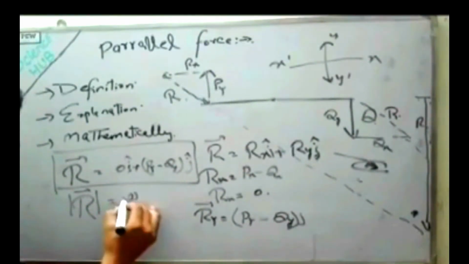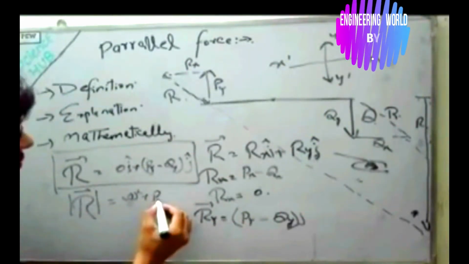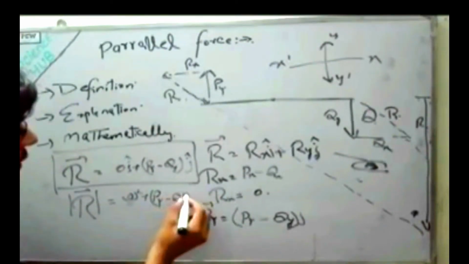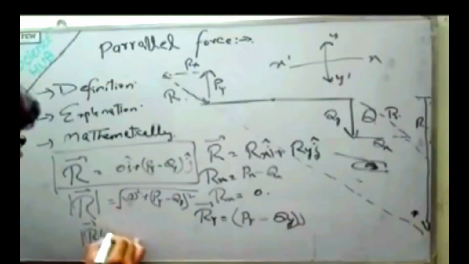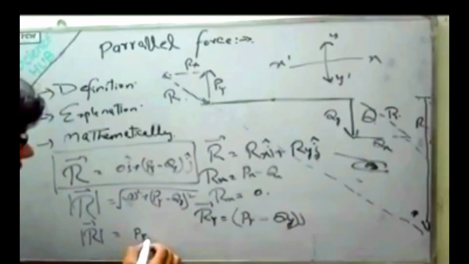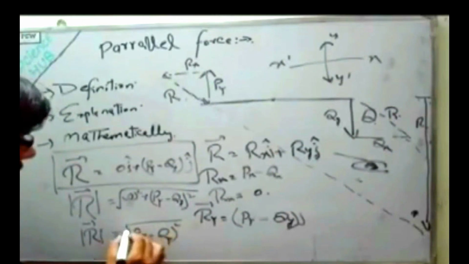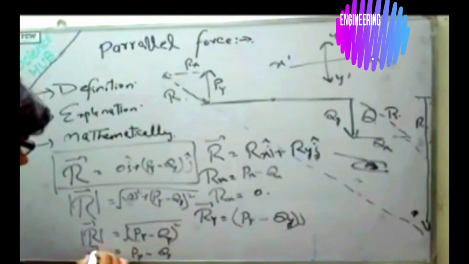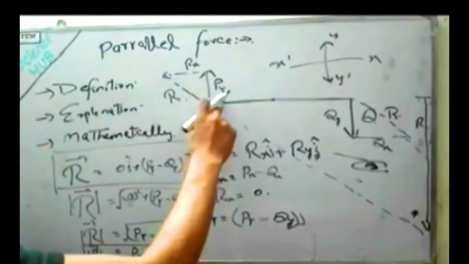Now the magnitude will be equal to the square root of 0 squared plus (Py minus Qy) squared. So it will be equal to the square root of (Py minus Qy) squared, which is Py minus Qy.